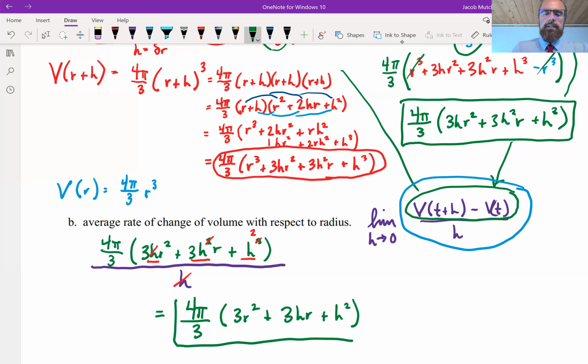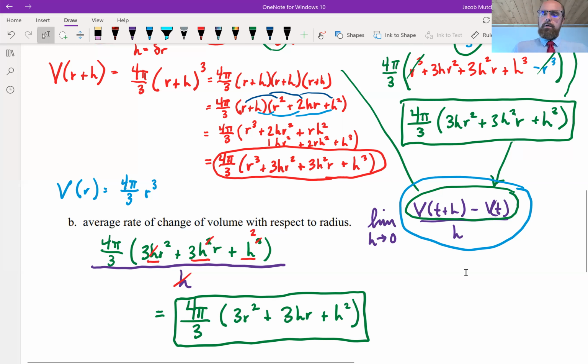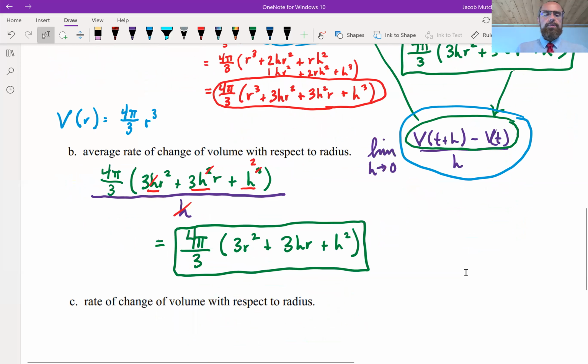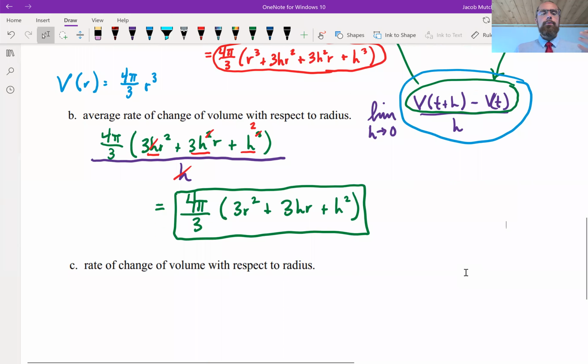So again, I'll box that. It's an intermediate step in calculating the derivative according to this definition. You can anticipate the only component left from the definition of the derivative is the limit as h approaches 0. So in part C, when we're asked to find the rate of change of volume with respect to radius, what we're looking at is the instantaneous rate of change.